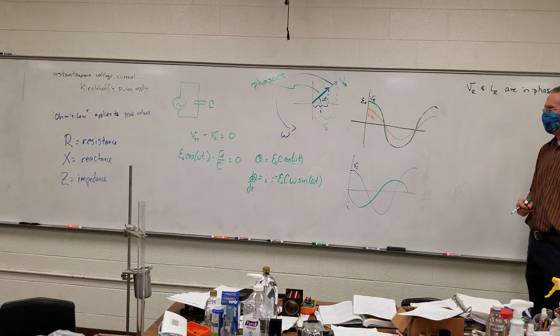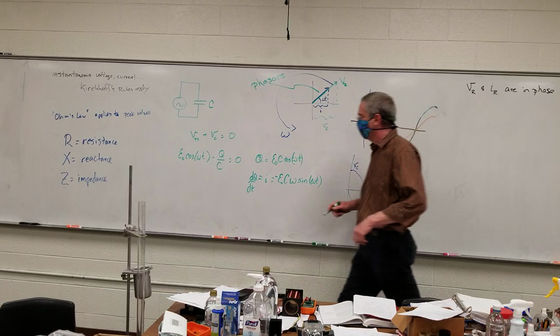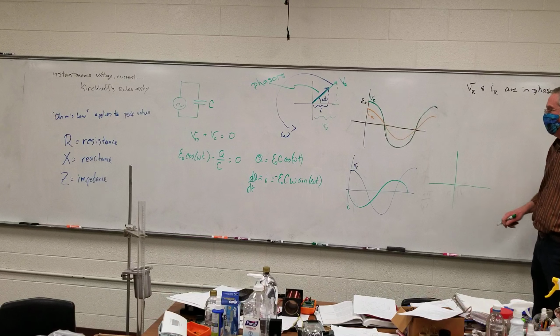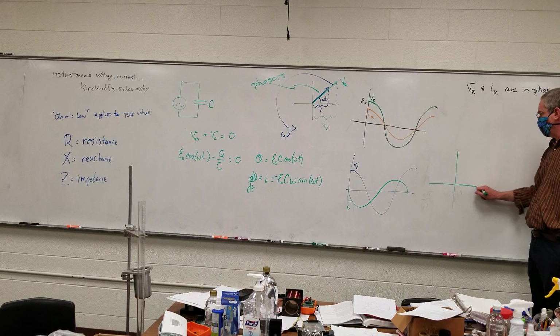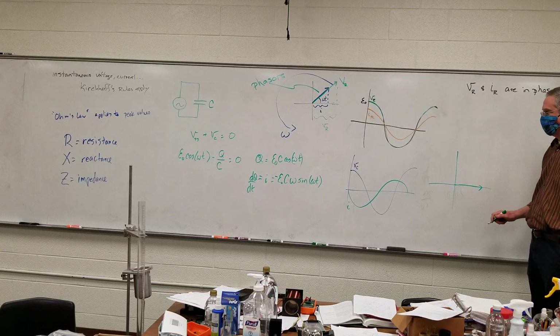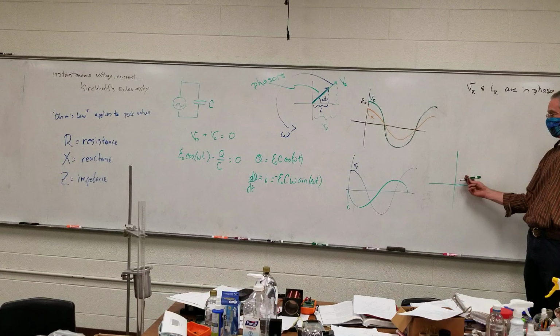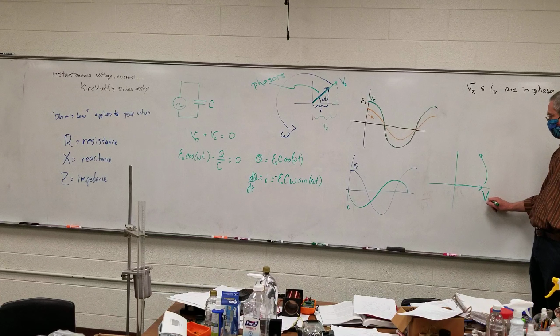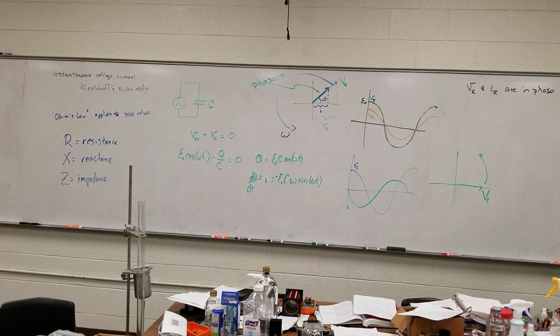So if I think about phasors here, I've got my axes, I have my voltage starting out at 0, and then it is positive, getting closer to 0, and then turns around like that, because again, these phasors go this direction. So this is my maximum voltage across the capacitor.